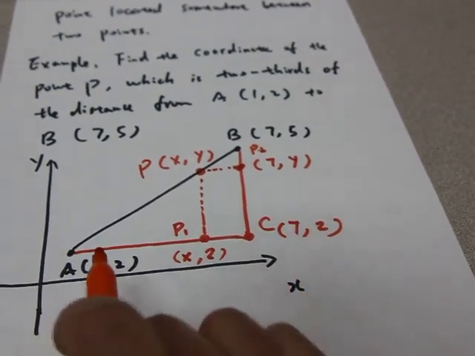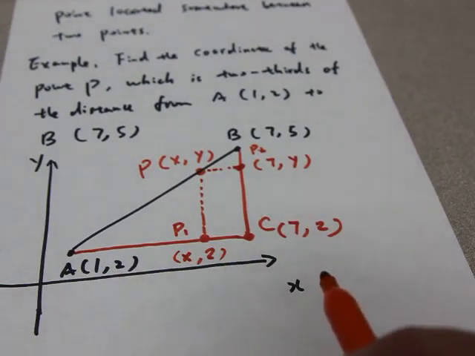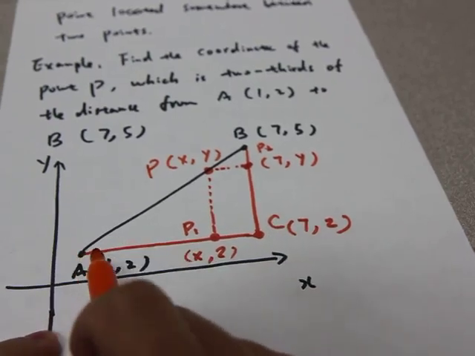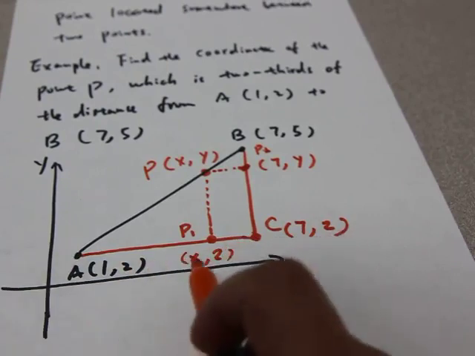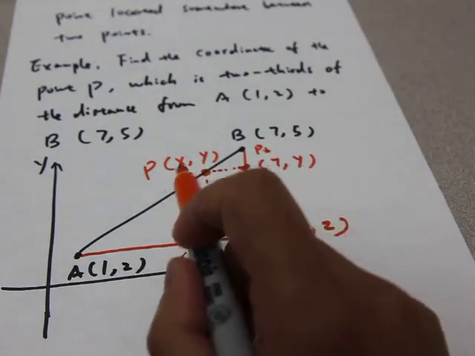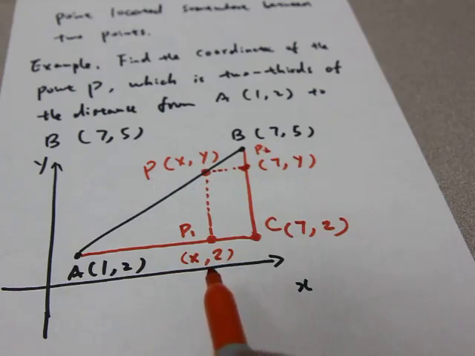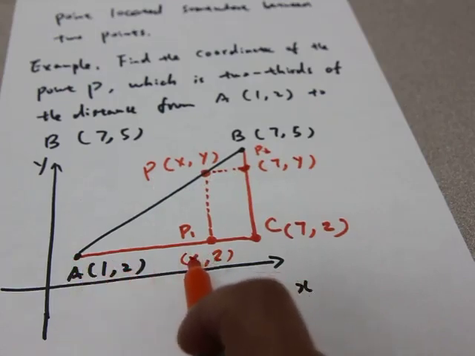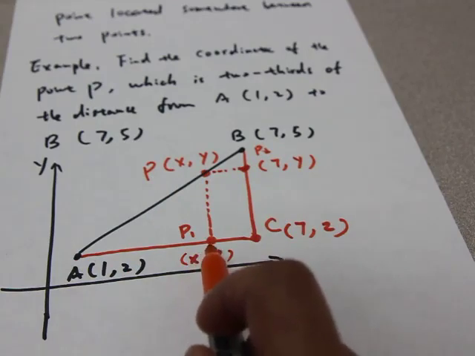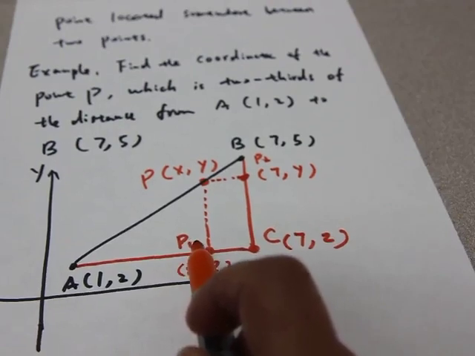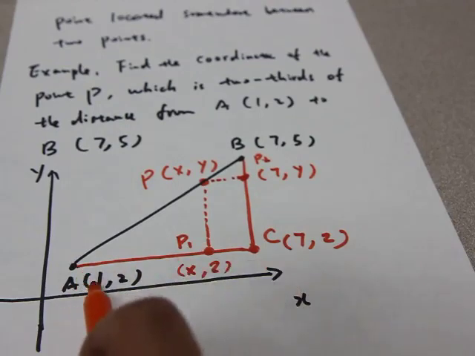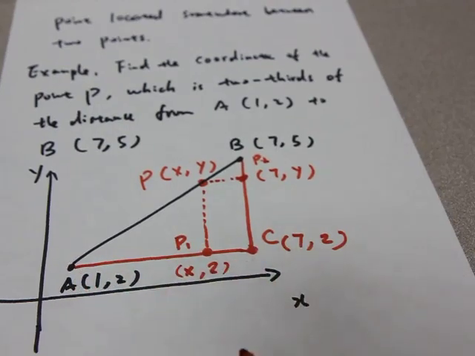Now, once we have this graph, you may already know how to do this problem, right? So we just use the method we used for the number 9 twice, and then we can find the coordinate of this point P. So what I mean is, first we determine the coordinate x, because x is located 2/3 of the distance from 1 to 7.